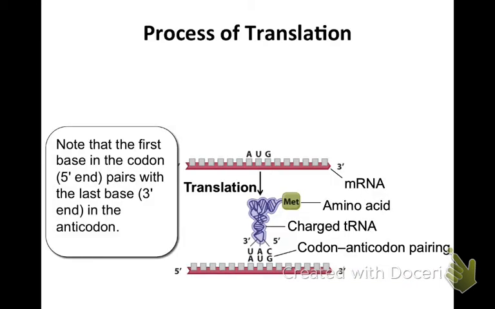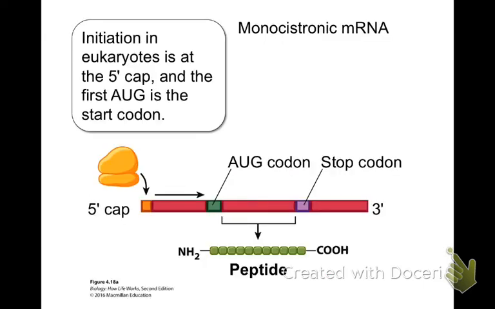Okay, so the process of translation in more detail. Again, here I have my messenger RNA, and I'm going to use that messenger RNA to bring in the appropriate transfer RNA that's charged with the appropriate amino acid into the ribosome so that you can build an amino acid sequence and thus ultimately make the protein that you're trying to make. Okay, so this is how we do this.